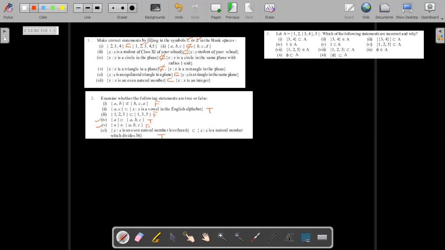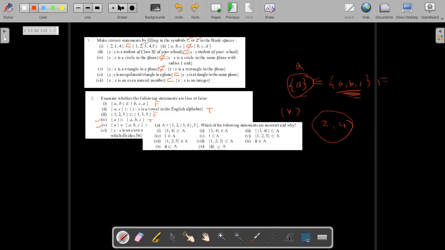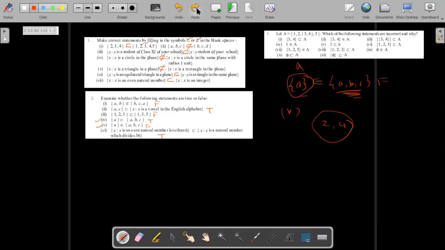Which of the following statements are correct and why? First statement. Here it is given, you have the sets, correct?